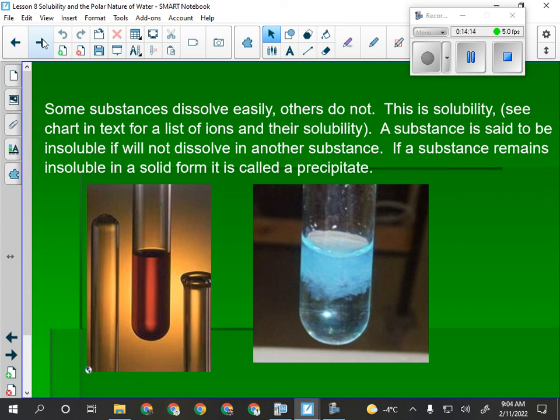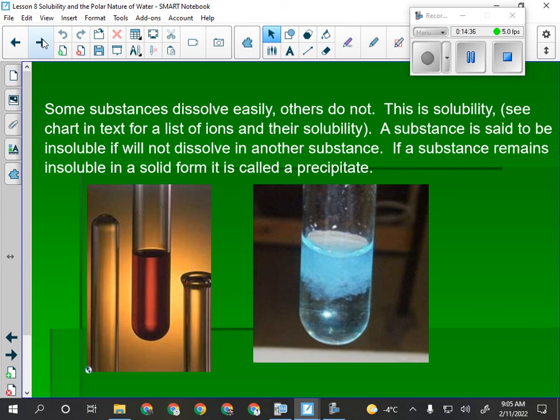You can get it to sometimes get in there a little bit, but it'll eventually separate again. If something is always going to separate, regardless of how much agitating or heating you do to it, it is considered insoluble, which means not soluble. If you can get it to dissolve and stay dissolved, then it is soluble.